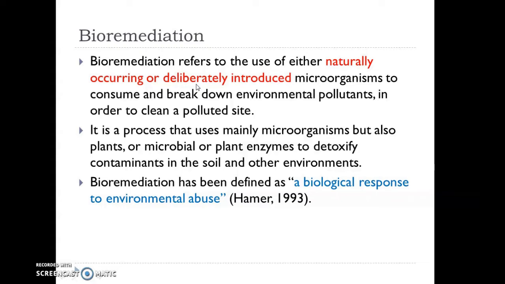It is a process that uses mainly microorganisms but also plants or microbial or plant enzymes to detoxify contaminants in soil and other environments. It may be contamination in water, air, etc.